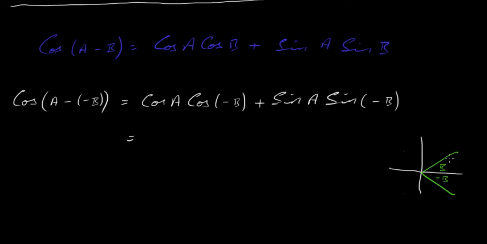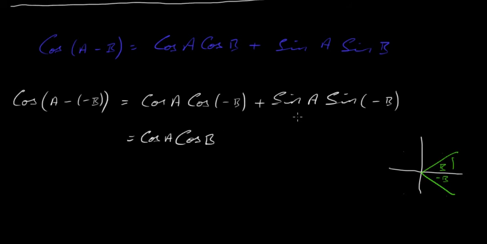The cos of this angle is positive, and the cos in the fourth quadrant is also positive. So the cos of B in the first quadrant is exactly the same as the cos of minus B. So on this part we just end up with the cos of A times the cos of B.